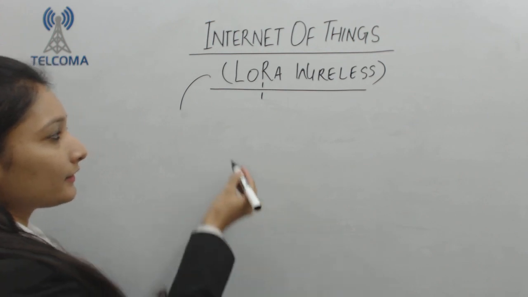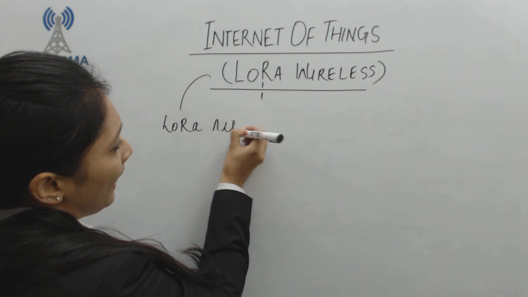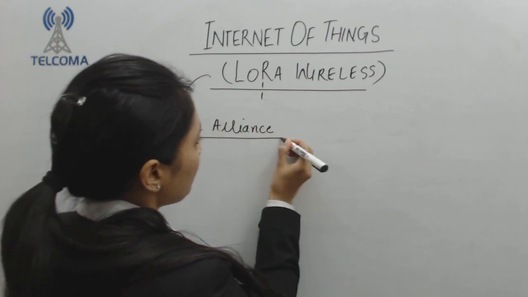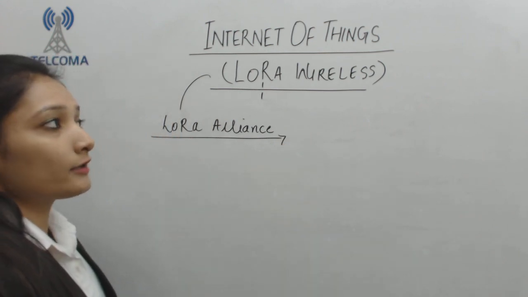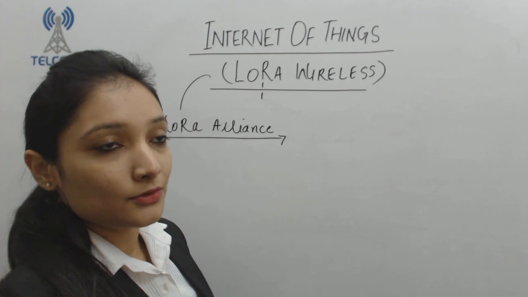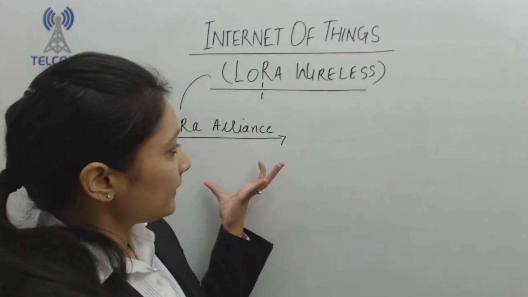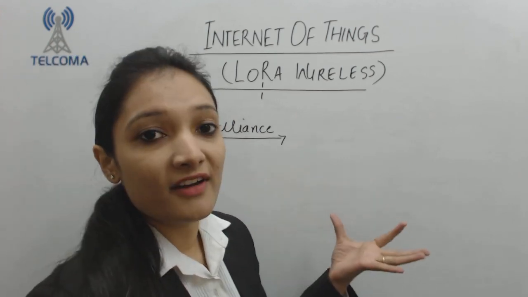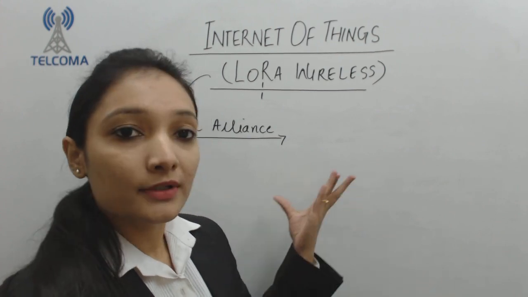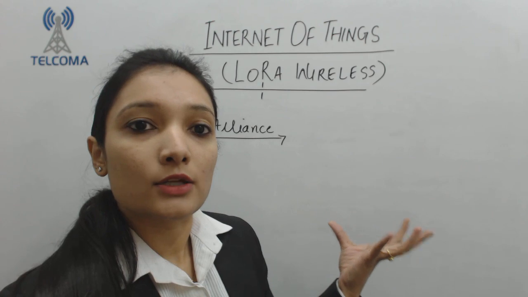Now after that, we have an alliance, which is the LoRa Alliance. Once the network has been developed, that means a platform has been made for running these kinds of applications. So an alliance was created so that this LoRa wireless network architecture can be developed more and promoted for the use of machine-to-machine communications and the Internet of Things.